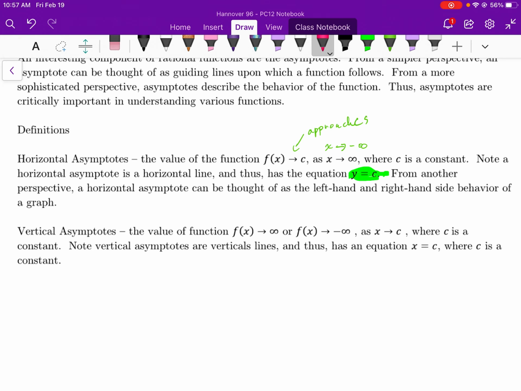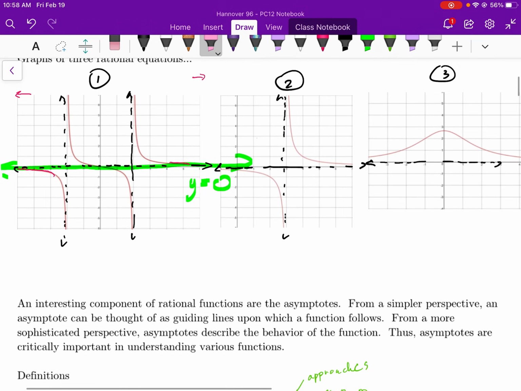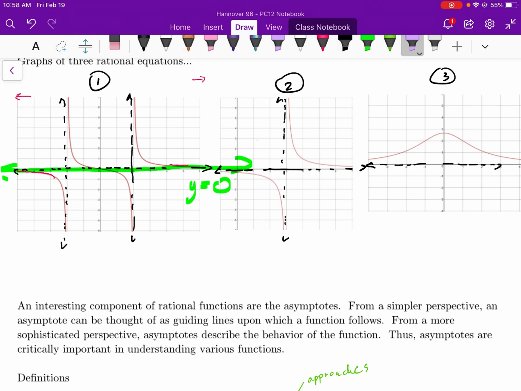A vertical asymptote. The value of the function f of x approaches infinity, or f of x approaches negative infinity, as x approaches some constant c, where c is a constant. Note that vertical asymptotes are vertical lines and thus have the equation x is equal to c. I'm going to revisit this first graph again.